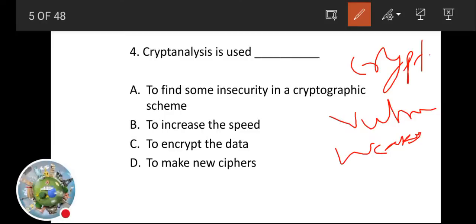Analysis means understanding and identifying the present weaknesses or vulnerabilities in the network, organization or digital assets. Then what is the answer? Answer A is correct: to find some insecurity in cryptographic scheme. Wherever the insecurities are present in the cryptography, everything will be analyzed by cryptanalysis. So answer A.